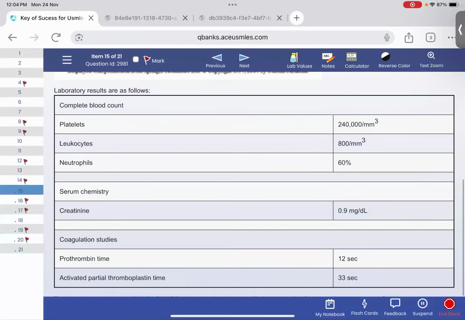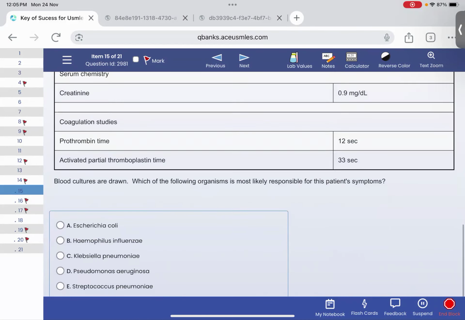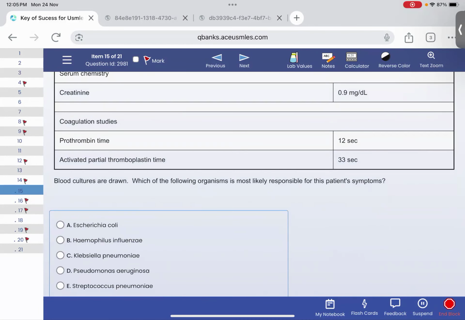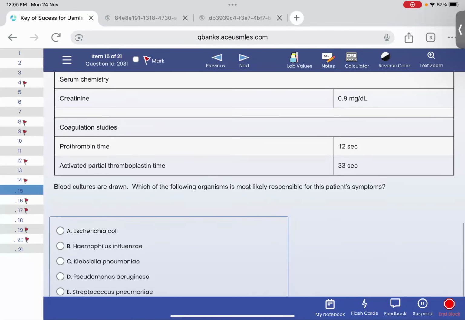Complete lab results are as follows. Complete blood count: platelets 240, leukocytes 800, neutrophils 60%, creatinine 0.9, prothrombin time 12 seconds, APTT 33 seconds. Blood cultures are drawn. Which of the following organisms is most likely responsible for this patient's symptoms?